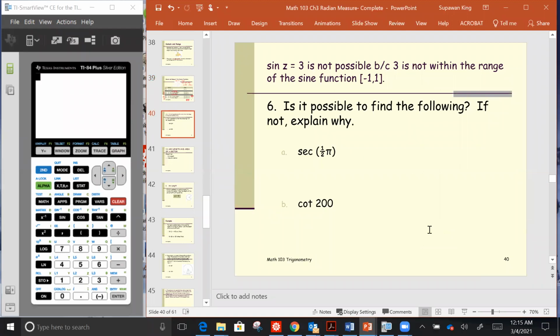For example, the sine of z equals 3 is not possible because 3 is not within the range of the sine function, which is from -1 to +1. You can check by using the calculator. Let's type it. Since the sine of z equals 3, let's see if we can find z as an angle. To find the angle z, we use the inverse sine, or the inverse function of the sine, at the value 3.